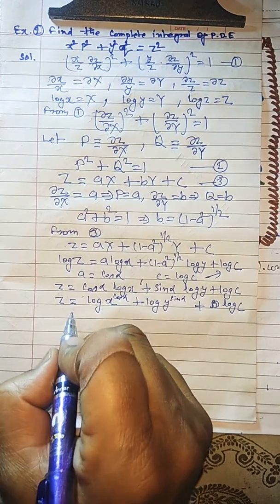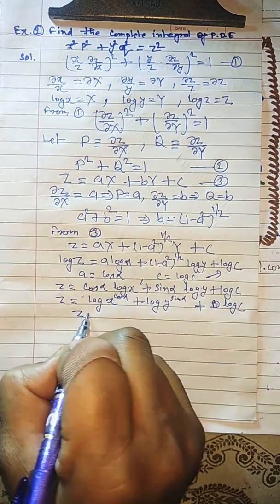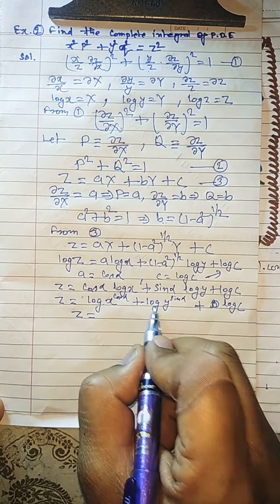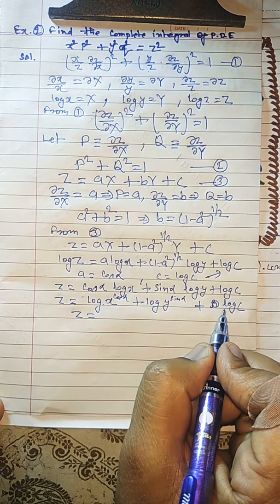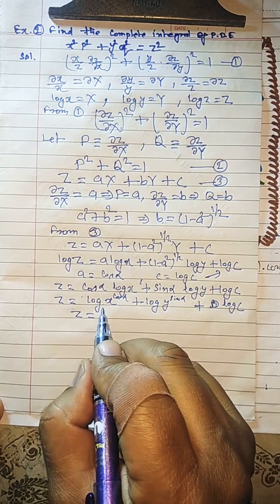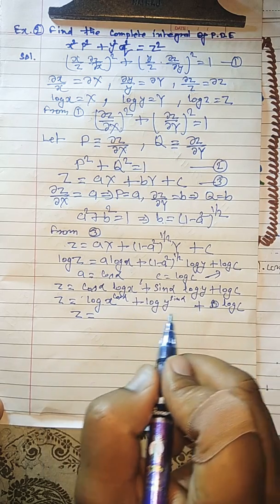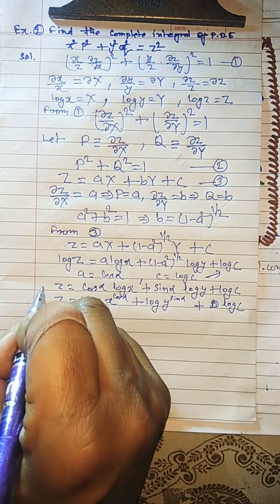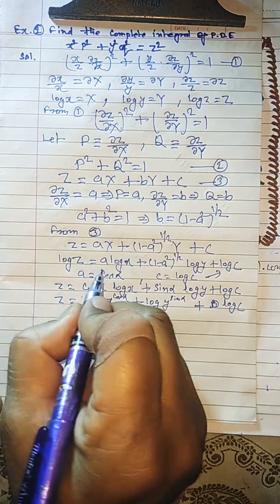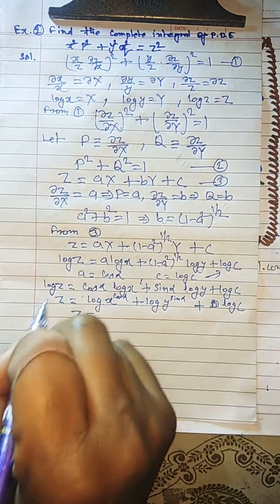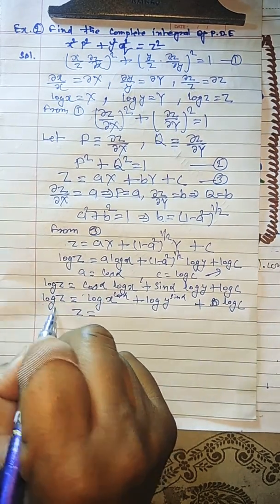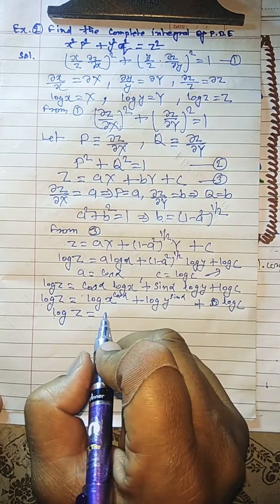That is, log m plus log n plus log r means log of m into n into r. Here this is log z. It is very much clear.